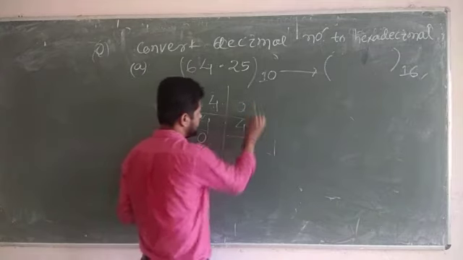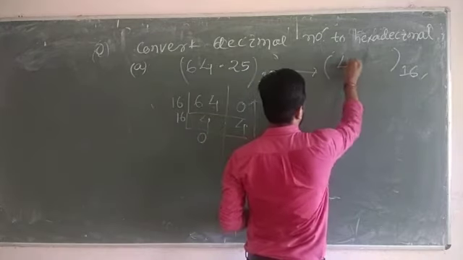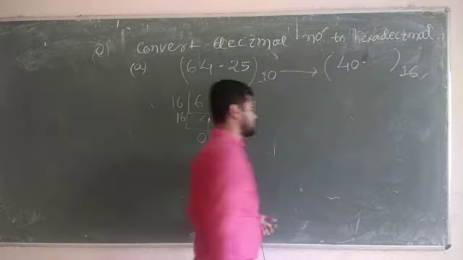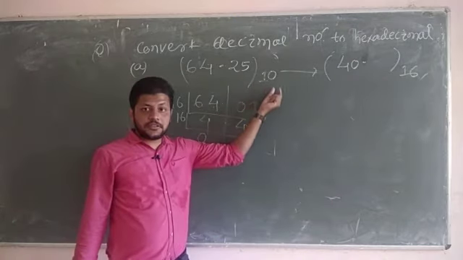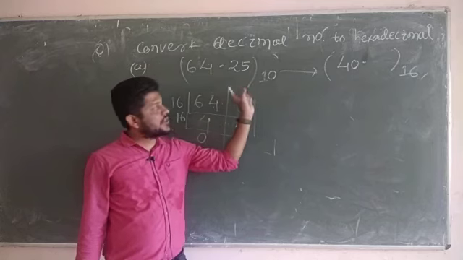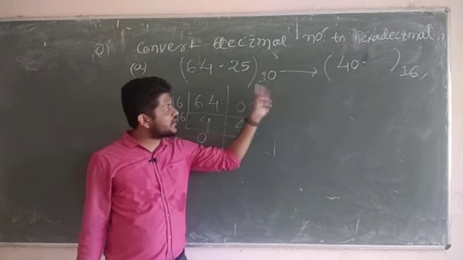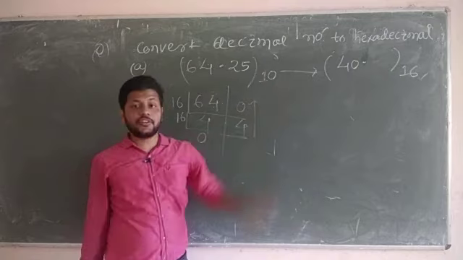So write from bottom to top. The answer will be 40. Here we can observe the source base is 10 and the destination base is 16.